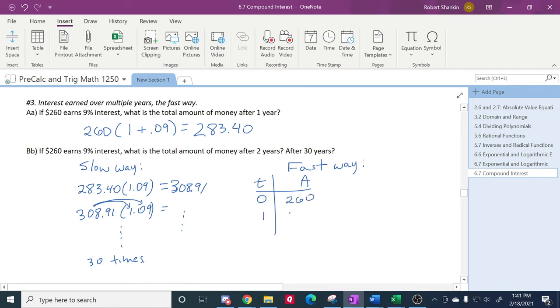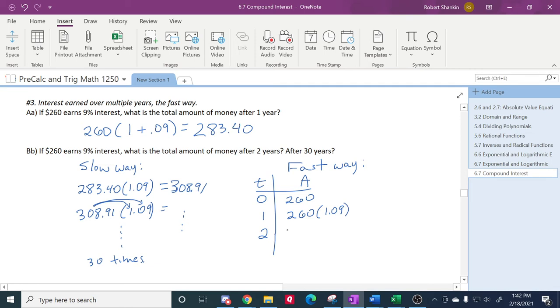At year 1, you have 260 times 1.09. Now, year 2, instead of taking this $283.40, all you do is you leave it as this.